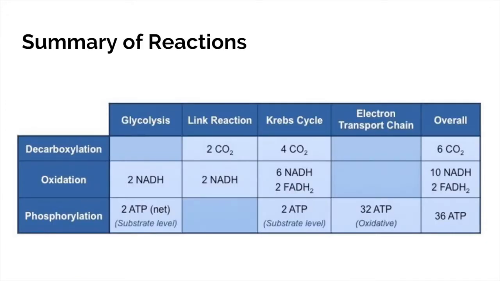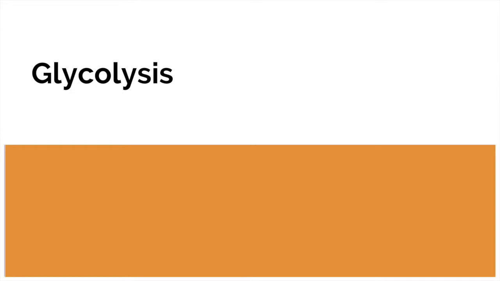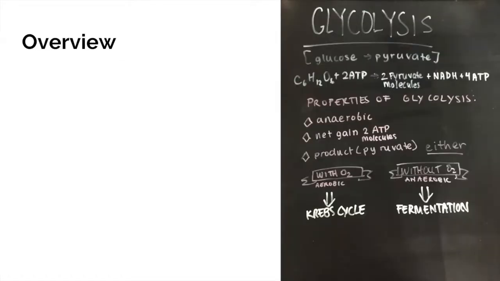This is a quick summary of reactions that I won't really go through, but it's a really useful thing to have in your notes. It separates all of the processes in cell respiration and what occurs in them, be it decarboxylation, oxidation, or phosphorylation.